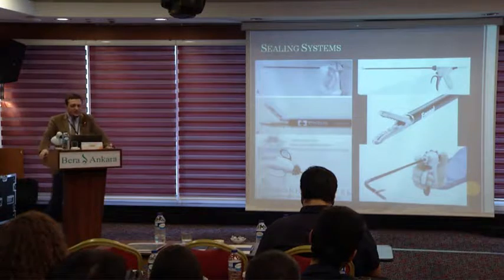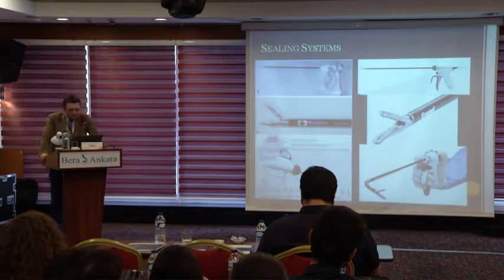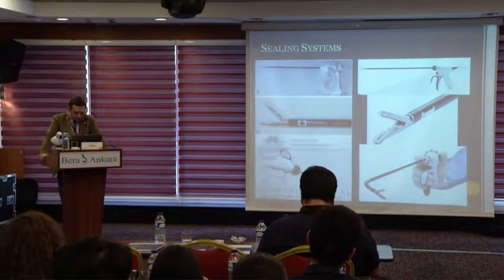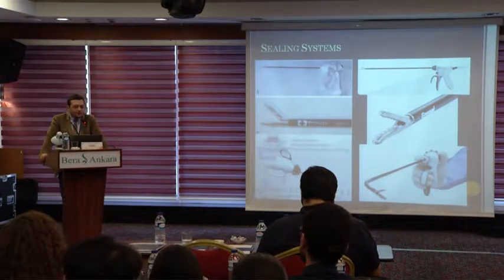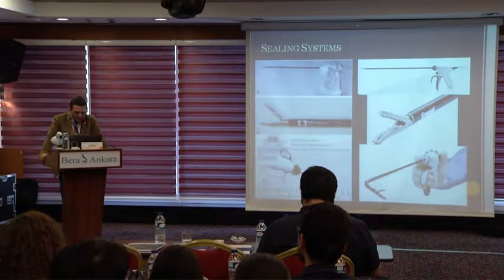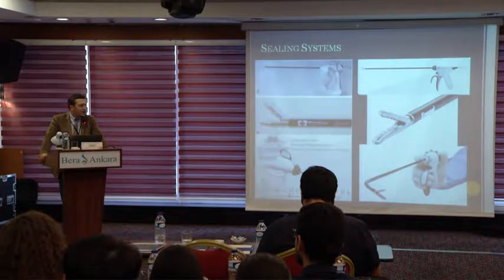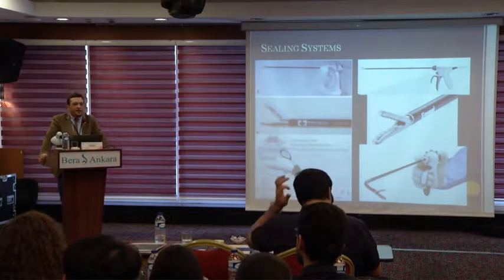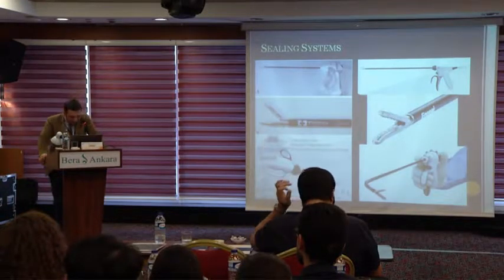And sealing systems are another useful tool for laparoscopic surgery. There are various tips from different trademarks like Ligasure, Covidien, Harmonic Scalpel. They all have the same principle. There is a recovery time, and during this time, the machine fulgurates, coagulates, and cuts the tissue.